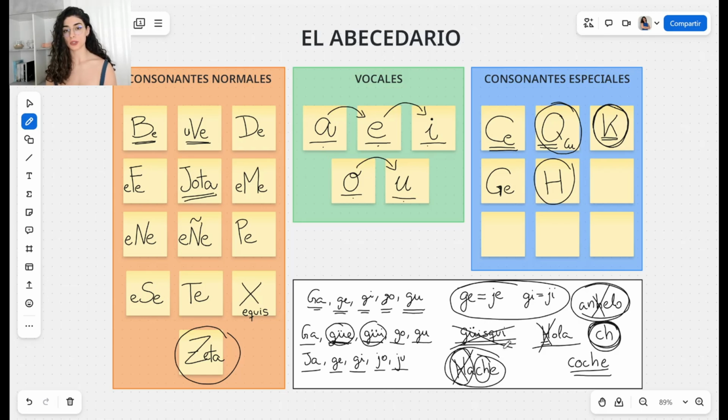Then we have two special consonants that go together, and are L and Y. At first, the letter L is totally normal when it goes along. La, le, li, lo, lu.